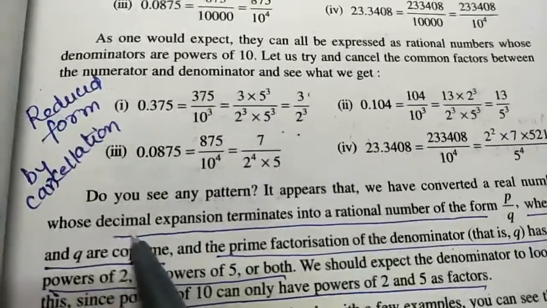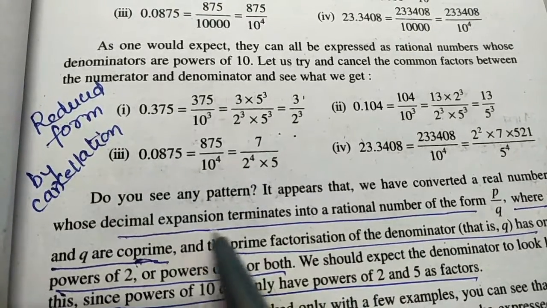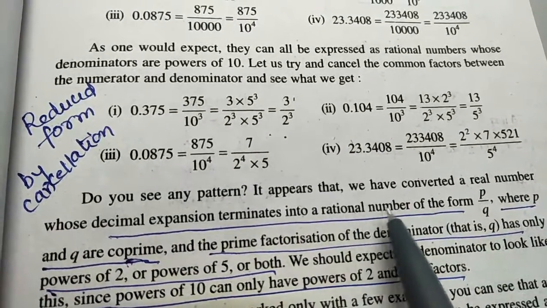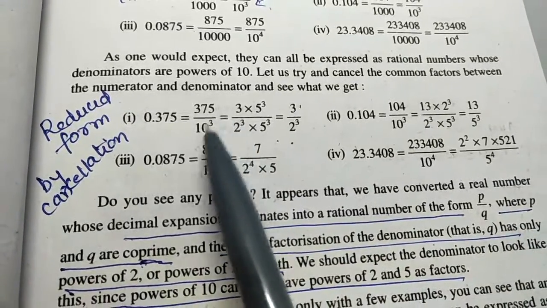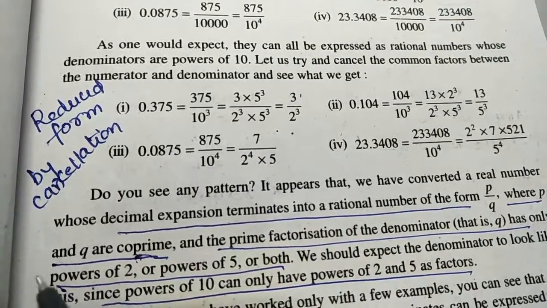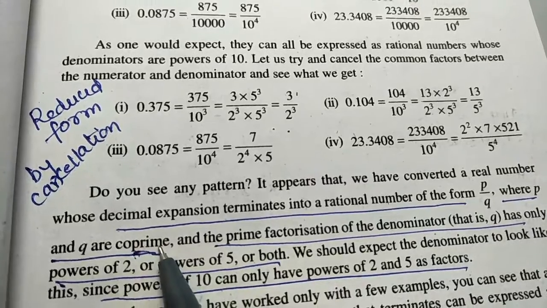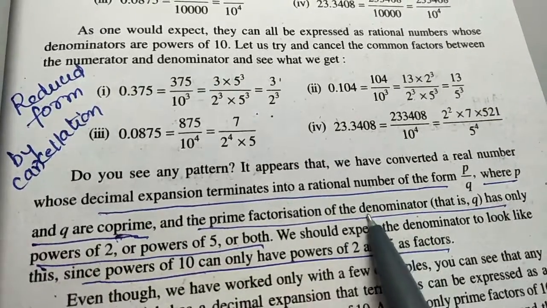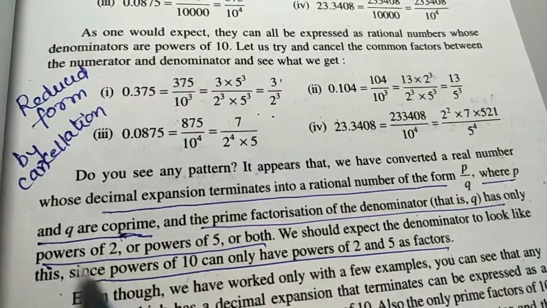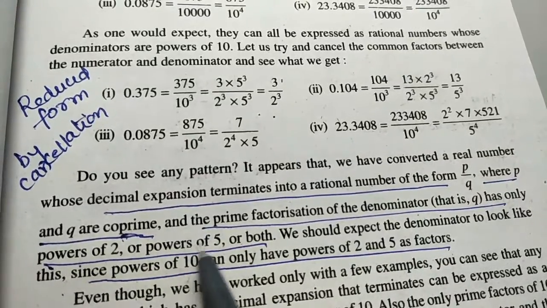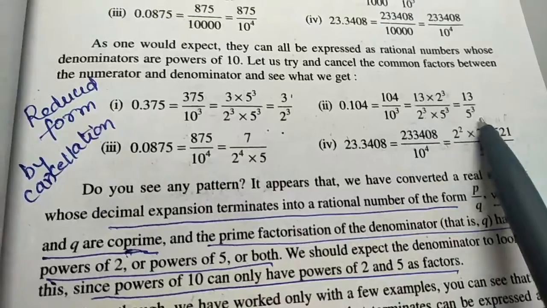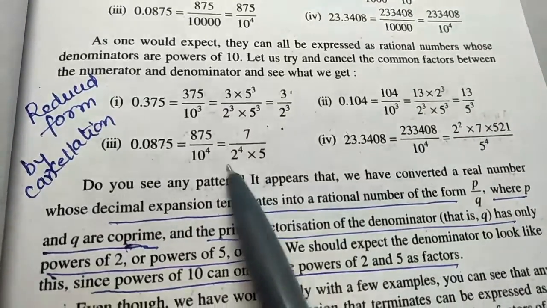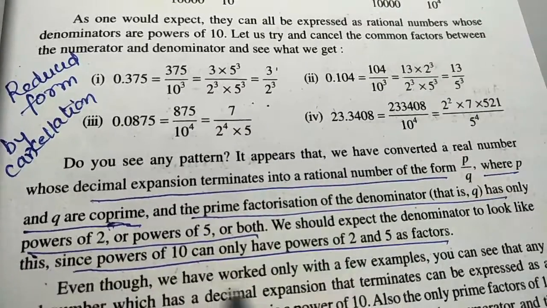So we can conclude that for a decimal expansion which terminates, the rational number is in the P upon Q form, where P and Q are co-prime, then the prime factorization of the denominator will always be a power of 2 or a power of 5 or both. It can be anything.